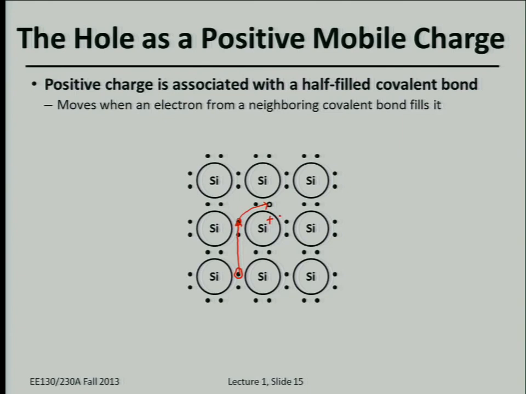So that positive charge can end up moving eventually around in the lattice. This is why a half-filled covalent bond is mobile inside a semiconductor, and that's why we can keep track of it as a mobile positive charge. Does that make sense? Okay.